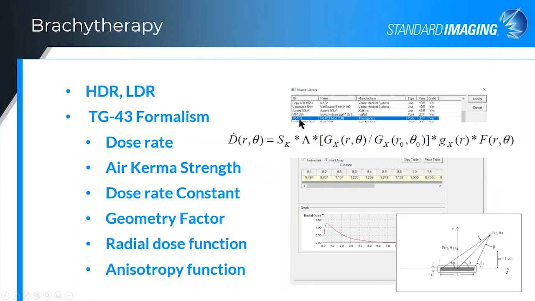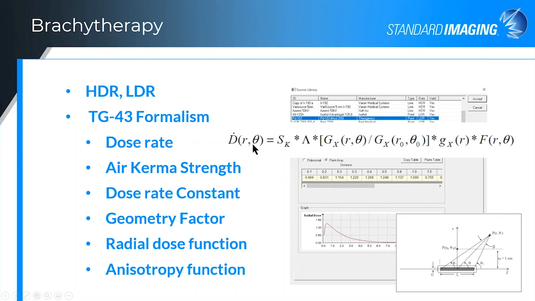This one is in particular for the Theragenics source, model 200. And of course, here's your diagram of the geometry that's shown with the TG43 formalism, your brachytherapy source, and you're calculating the dose rate to a point at this position at a radius r and angle theta.